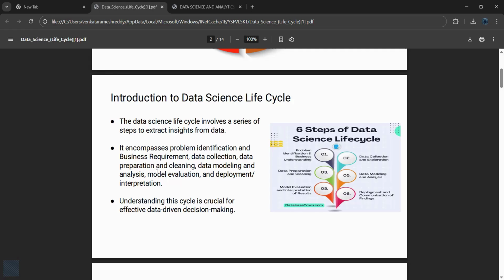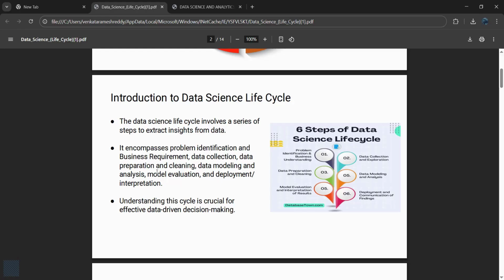So this data science also helps in business requirements and also data collection. The data science life cycle helps in data collection. It means where you are collecting the data, in which sites you are collecting the data, and how you are collecting the data. So it is helpful in this way.